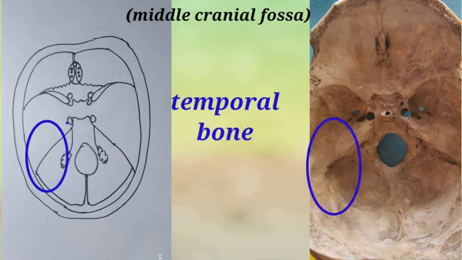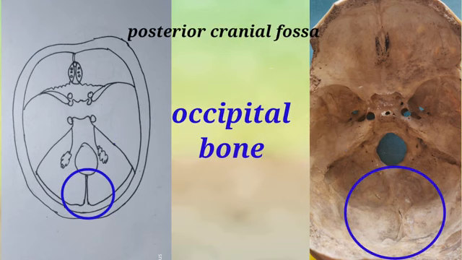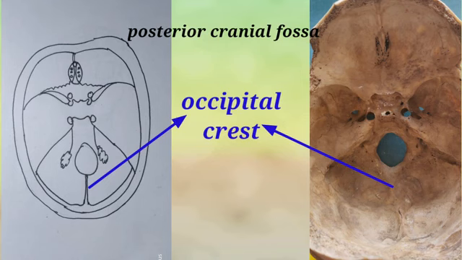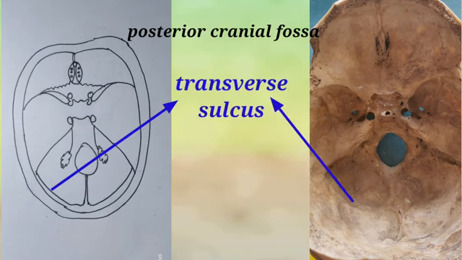In the temporal bone, this is the upper border of the petrous part of the temporal bone. Along the inner surface of the occipital bone, this is the central occipital crest, internal occipital protuberance. Bilaterally from the internal occipital protuberance, the transverse sulcus passes laterally.